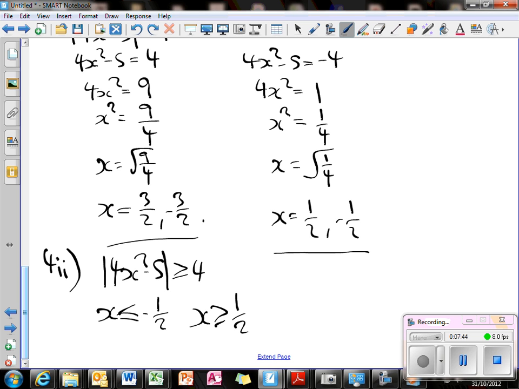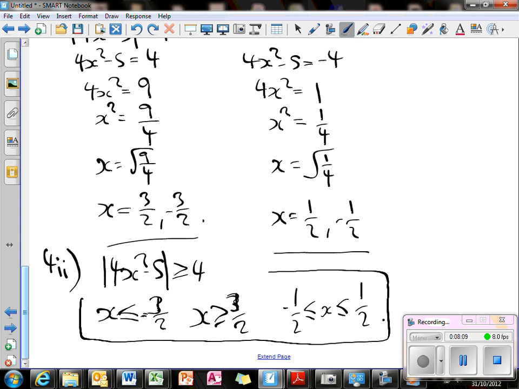It's when x is less than minus 3 over 2, when it's more than 3 over 2, and when it's in between minus a half and a half. So we can say that minus a half is less than or equal to x, which is less than or equal to a half. And that's the solution of the inequality there. And that's the final part of question 7.